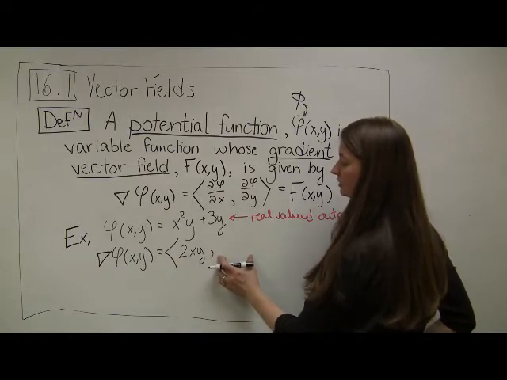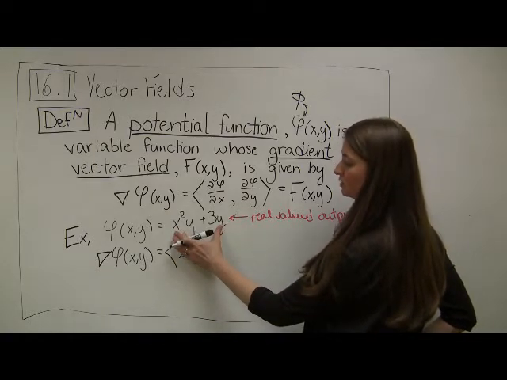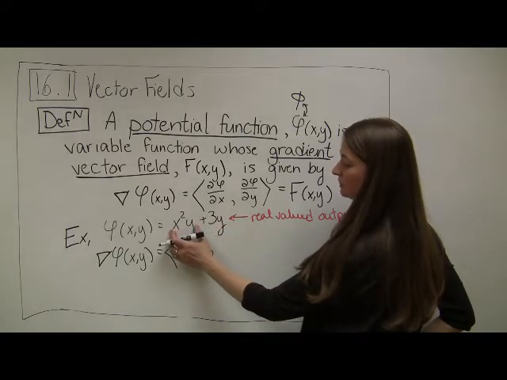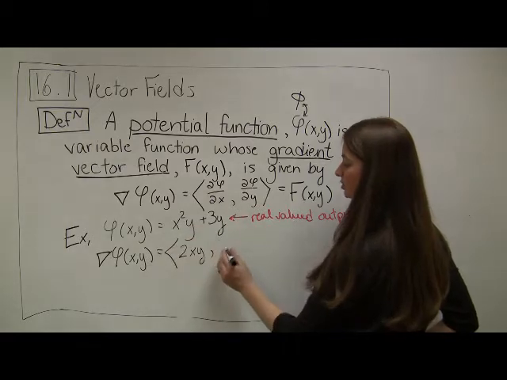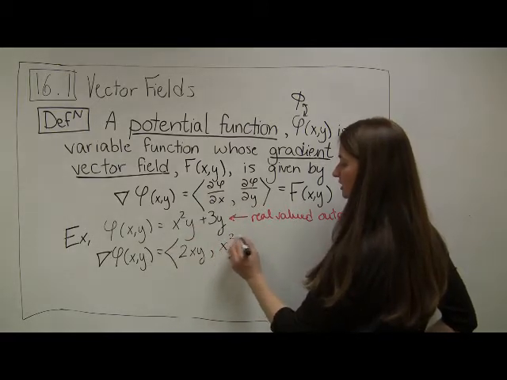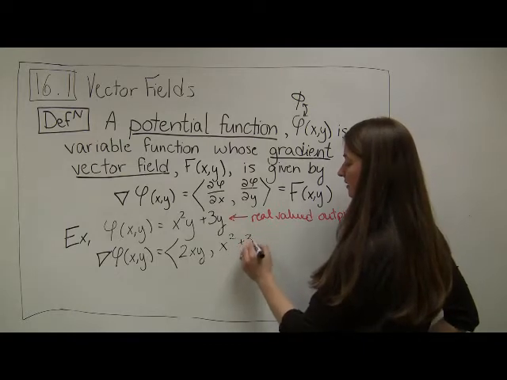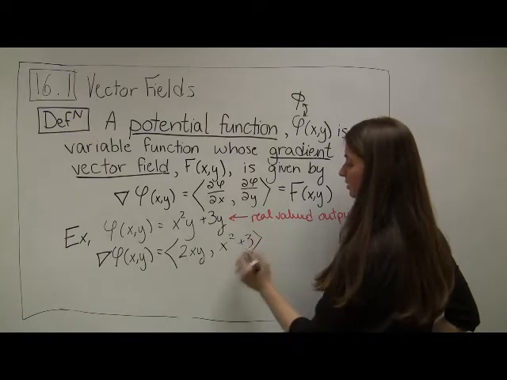My second component function, I'm taking the partial derivative of this with respect to y. So when I take the derivative of the first term with respect to y, I see that x squared is treated as my constant, so I'm left with just an x squared. And the derivative of plus 3y with respect to y becomes 3.